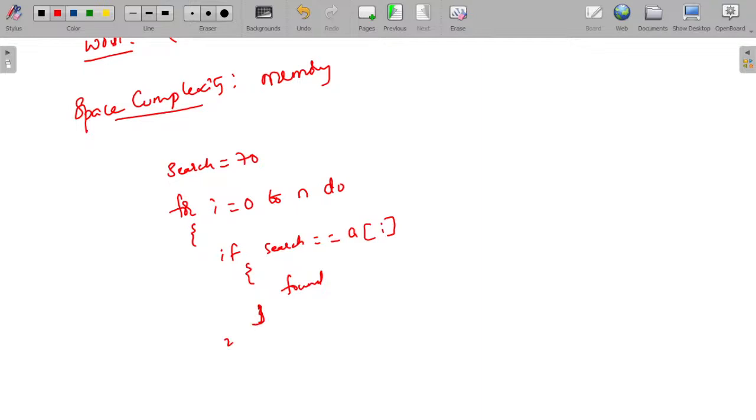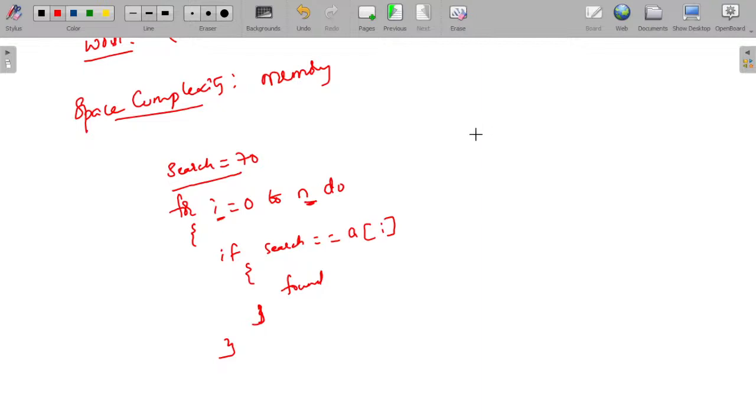Okay, so here the amount of space that it is going to take is, first we have to compute the constant space. So these particular variables are not going to change. I mean, the amount of space that they occupy is the same. So here we have the constant variables, what? Search variable and I variable. So we have two variables that are going to take the same amount of space. It will not change with respect to the size of the array.